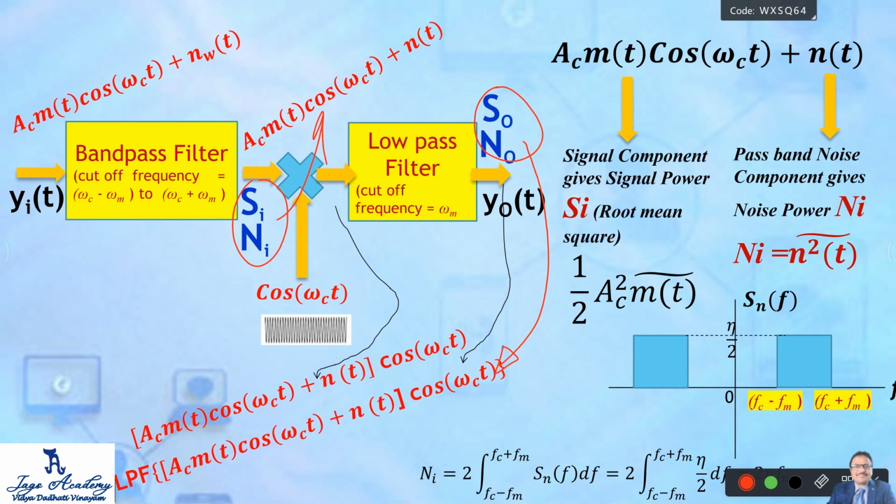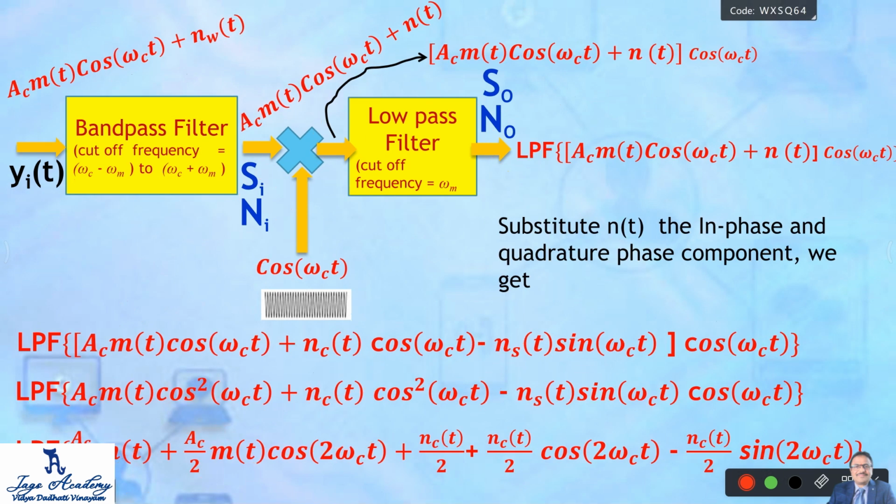In this equation, you will have to find out what is the signal component and the noise component. This is very easy for you. Now, from here onwards, you are going to understand.